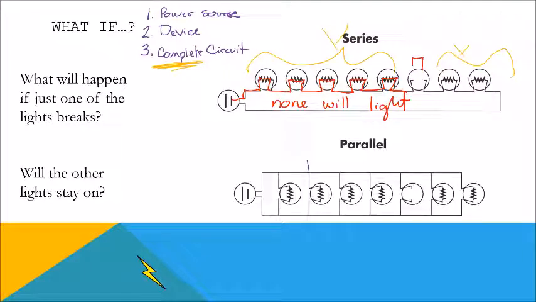In parallel, what happens? We have the same 7 light bulbs connected, but now they're connected in parallel. Will the others stay on? Will just some of them stay on, or will they all turn off?